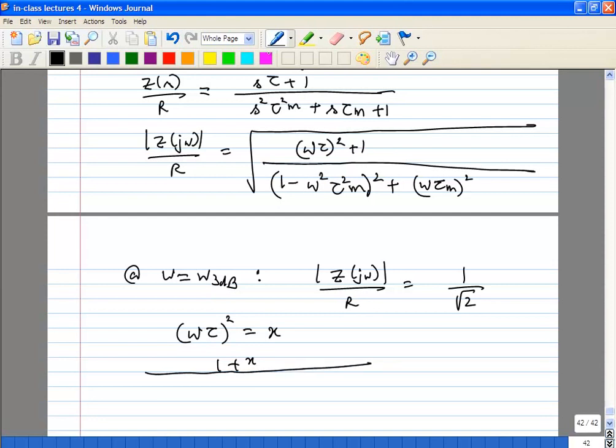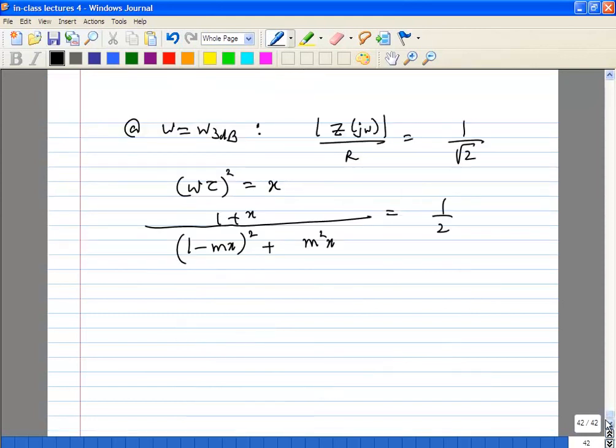Oh, 1 plus x, sorry, you're right. Okay. Now you can cross multiply and solve this equation.